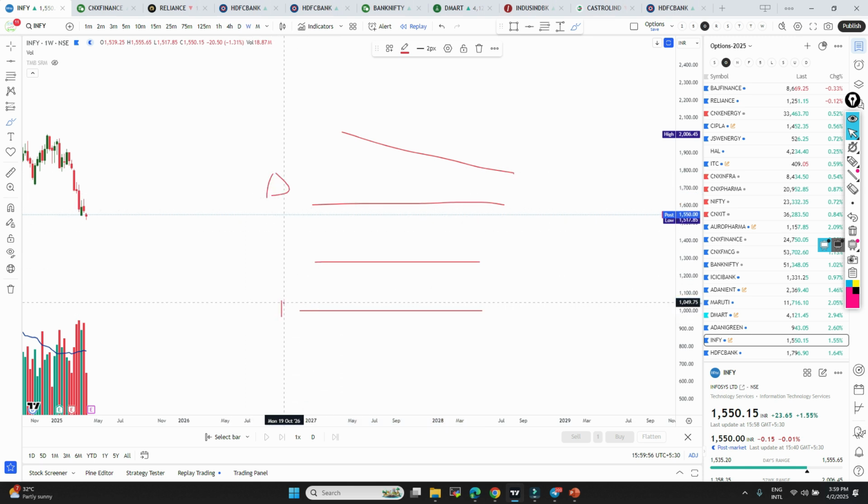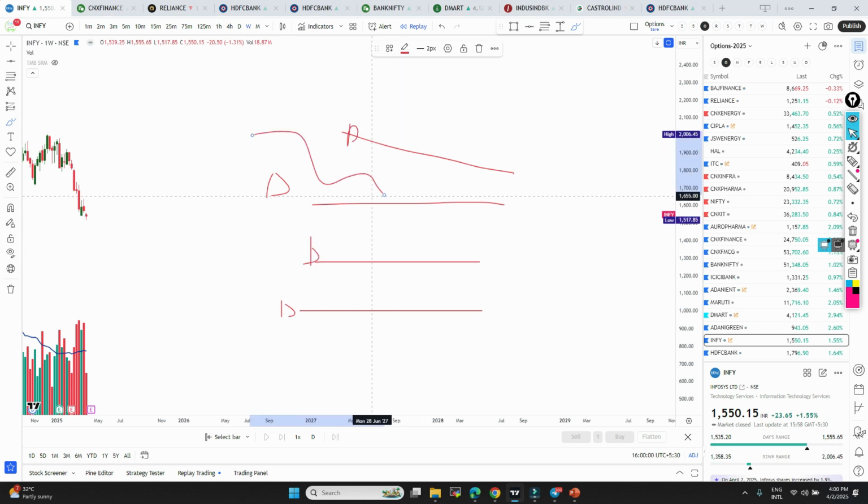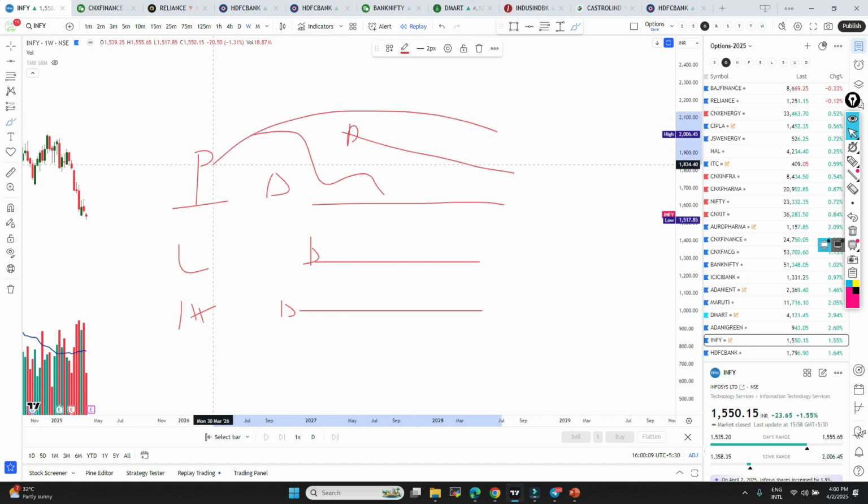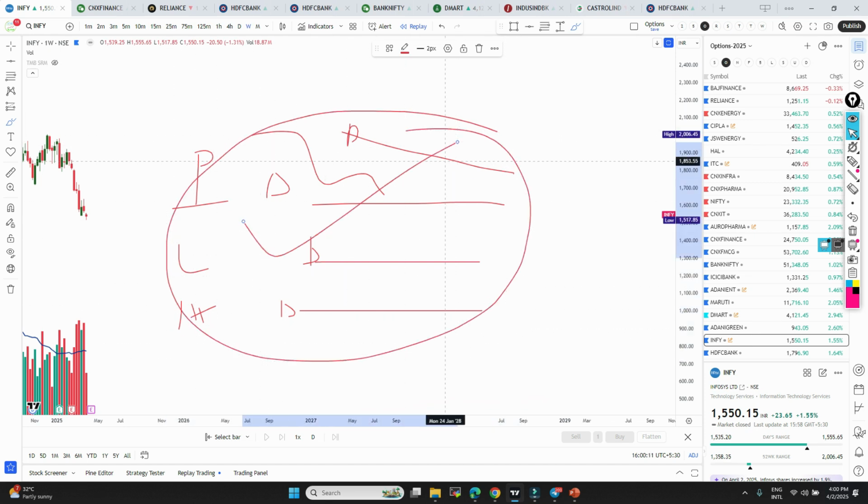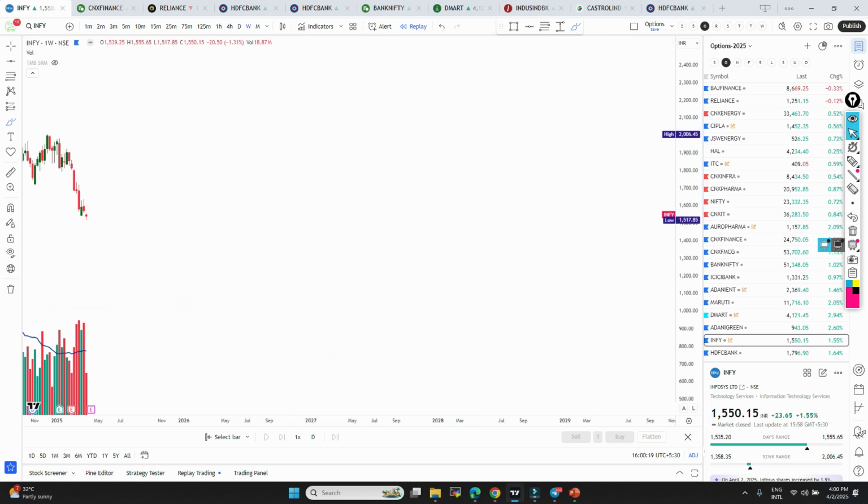Wherever the fractals form near the 200 moving average, with the previous day close or previous day low or previous day high, with this we can trade, and we will have a good edge. This is how I use the intraday setups.